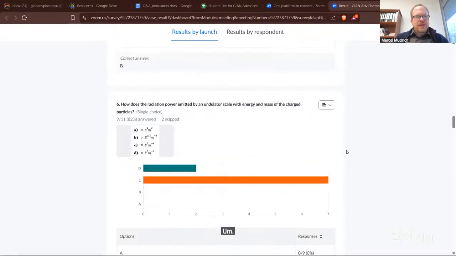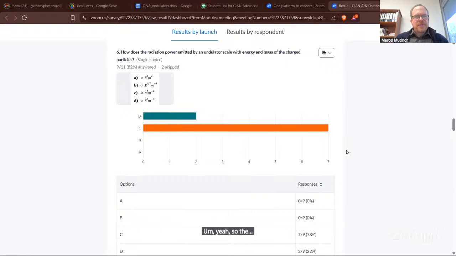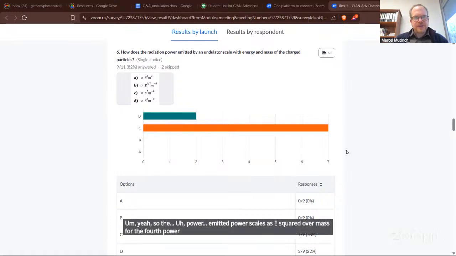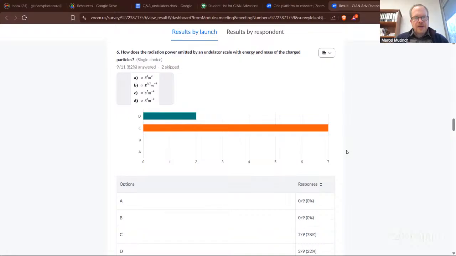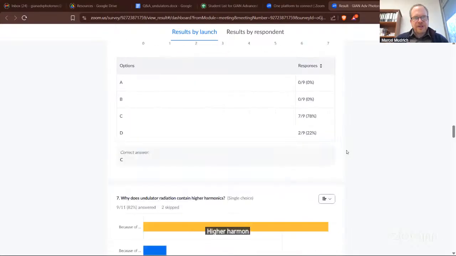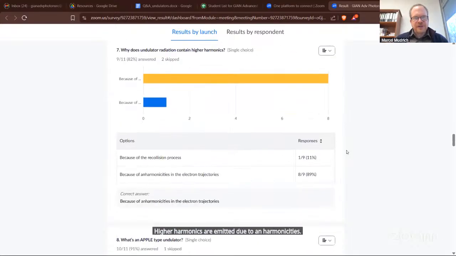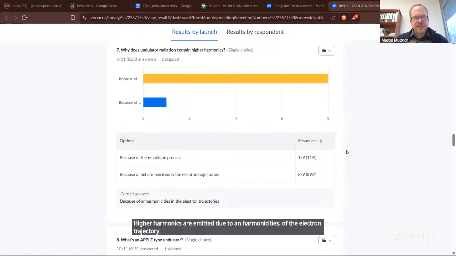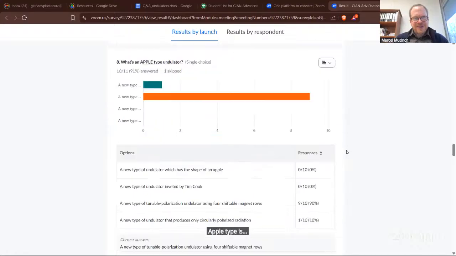The emitted power scales as E squared over mass to the fourth power. That C is correct. Higher harmonics are emitted due to anharmonicities of the electron trajectory. That's also correct. Apple type is a tunable polarization undulator. That's correct.